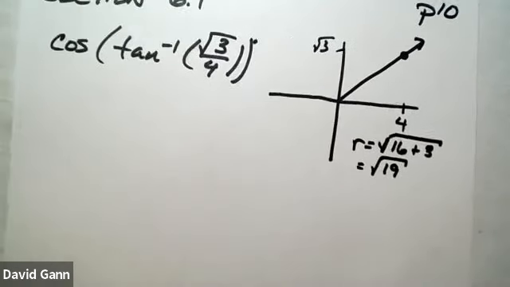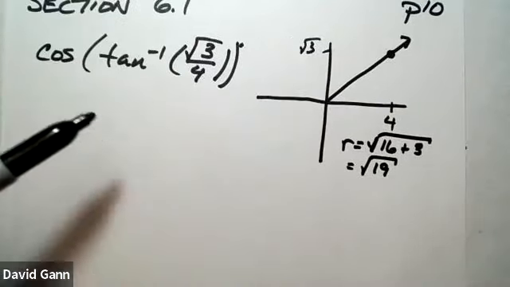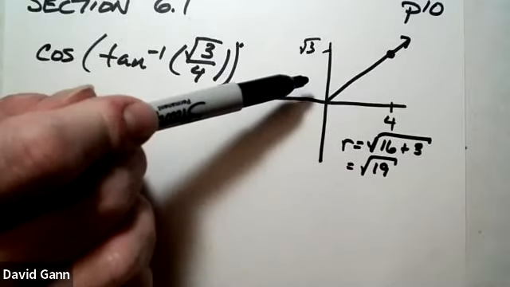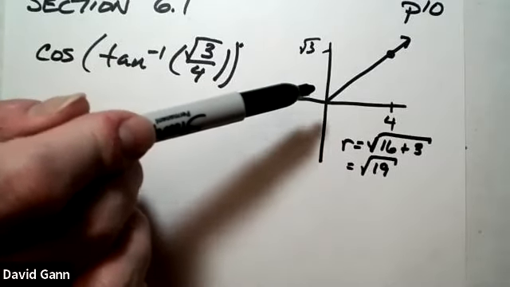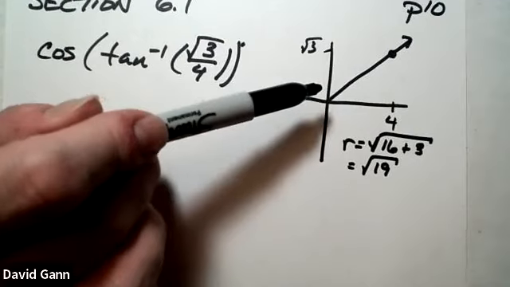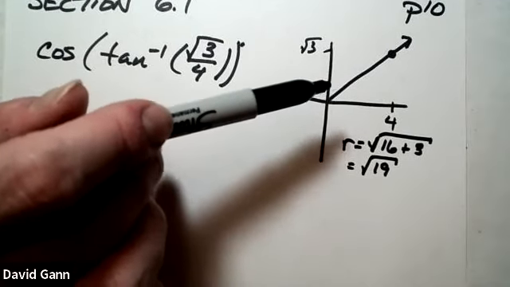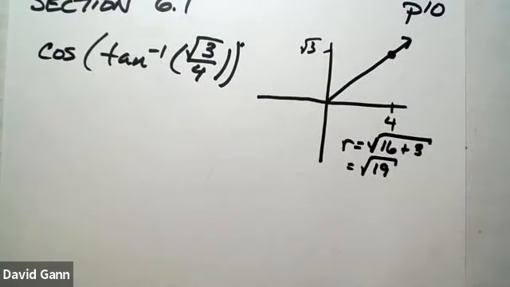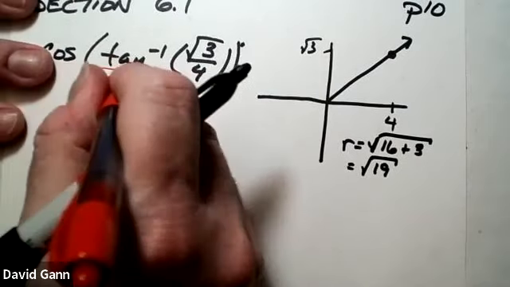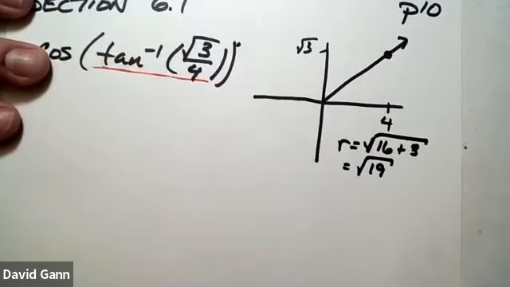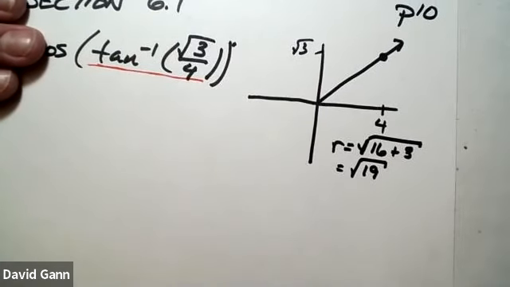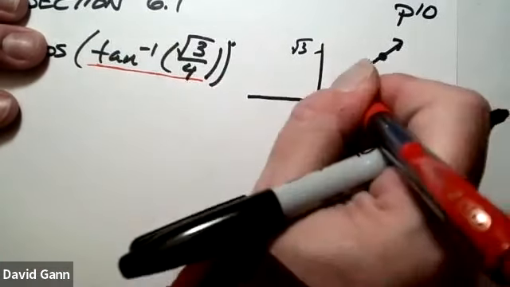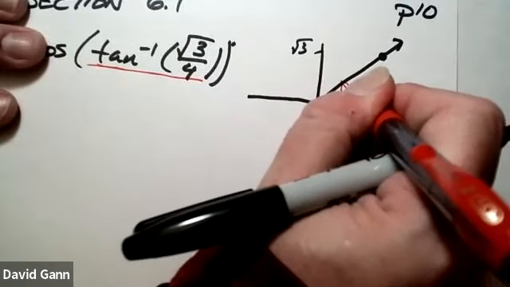Okay, so it turns out that for most of these compositions, you end up doing this a lot. You have to draw this angle and then say, okay, well, what's the value? So consider this. Inverse tangent of square root of 3/4. That's this angle, right?